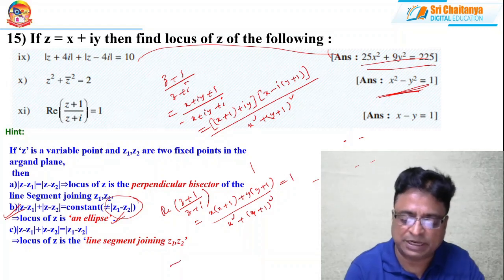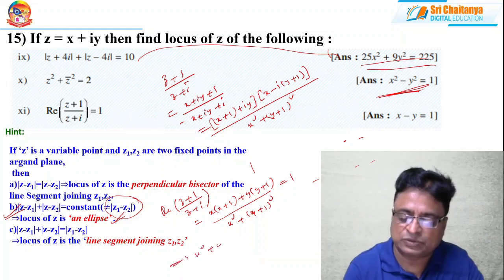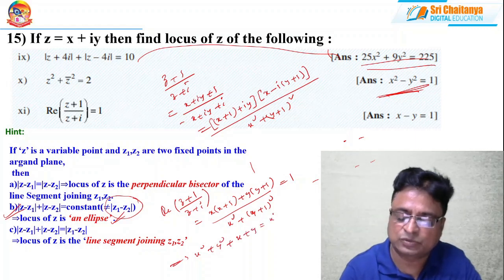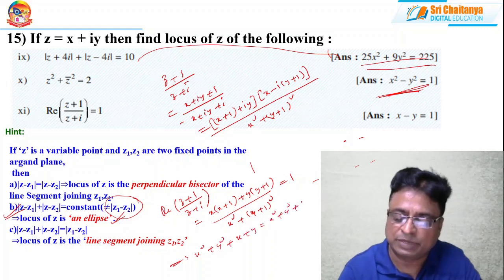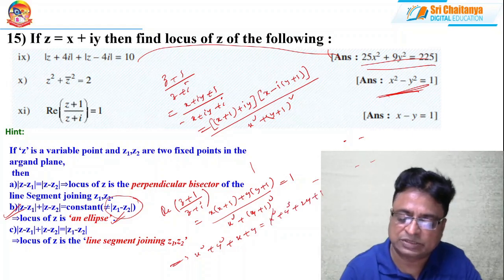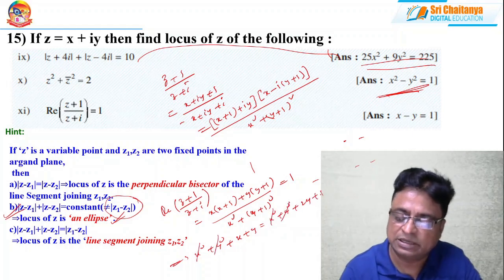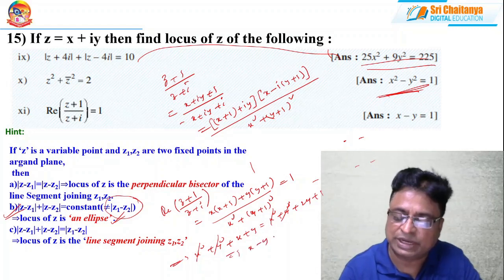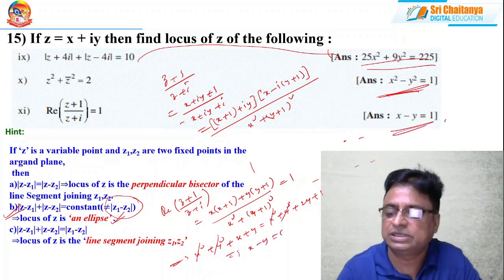After cross multiplication, x square plus y square plus x plus y equal to x square plus y square plus 2y plus 1. x square, y square cancel, and there you can get x minus y equal to 1. This is the locus.